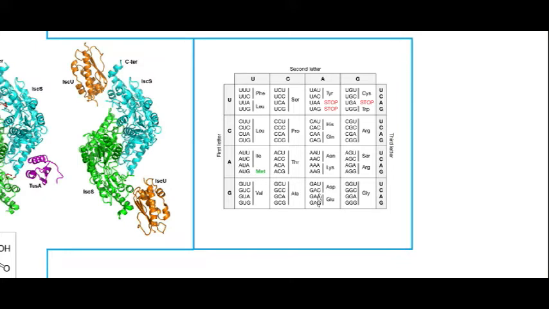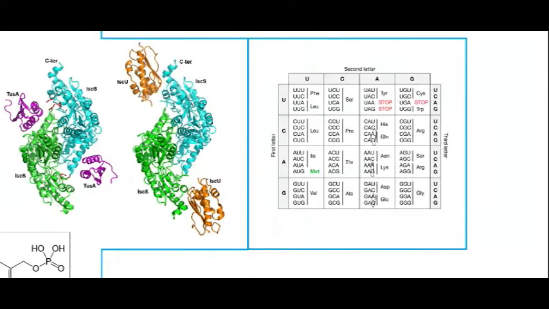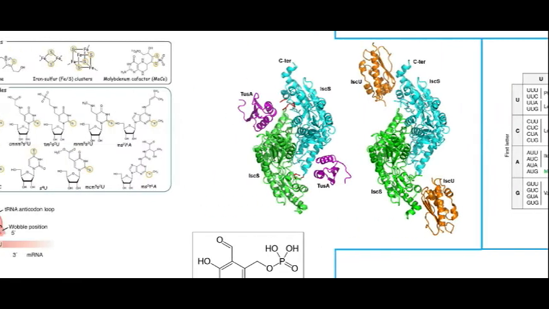And so we see here that, for instance, on the glutamine, lysine, and glutamate, the wobble positions are all the same on them. And so putting these modifications on them can help differentiate between the different amino acids on there.